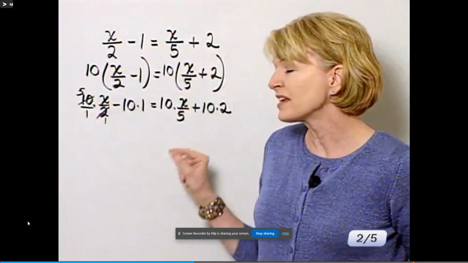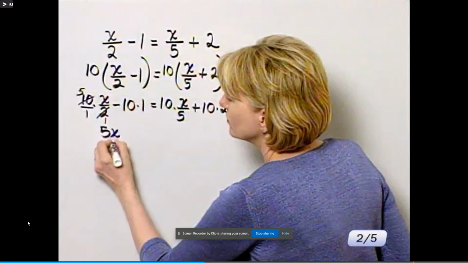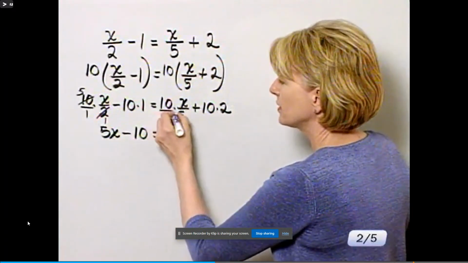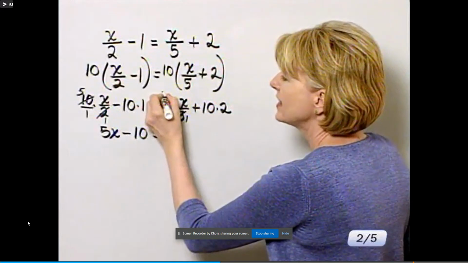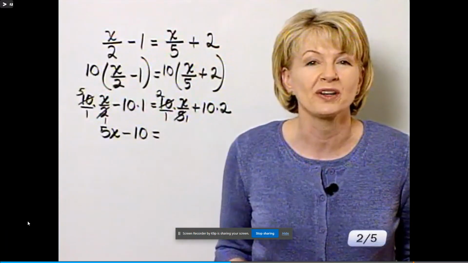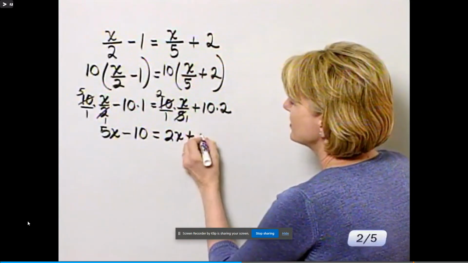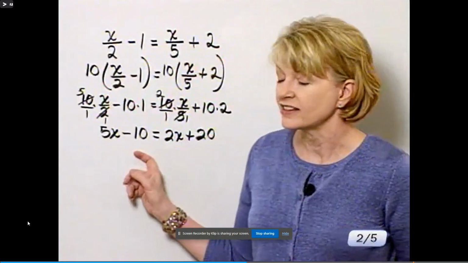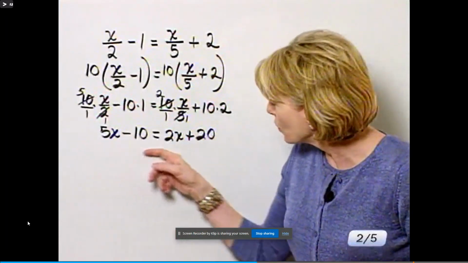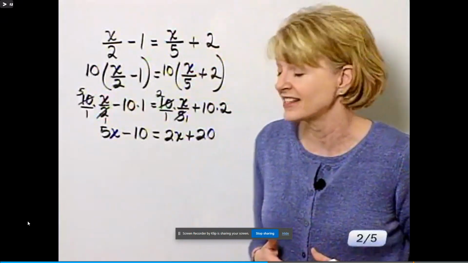So I have 5 times x over 1 times 1, or just simply 5x, minus 10 times 1 is 10, is equal to, notice 5 and 10 have a common factor of 5, so I have 2 times x over 1 times 1, or simply 2x, plus 10 times 2, or 20. If you came up with the correct LCD and simplified correctly, your equivalent equation will no longer contain fractions, and it just makes it less tedious.